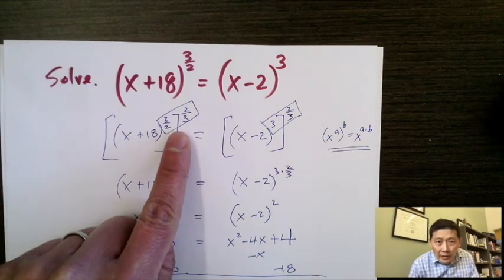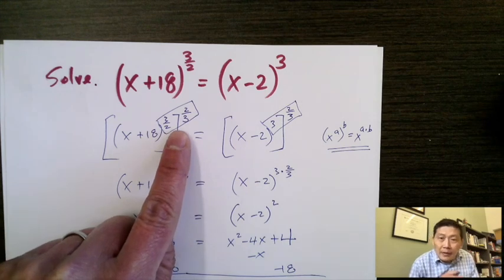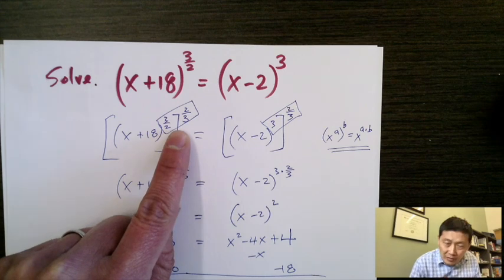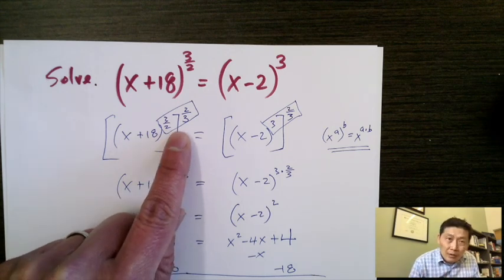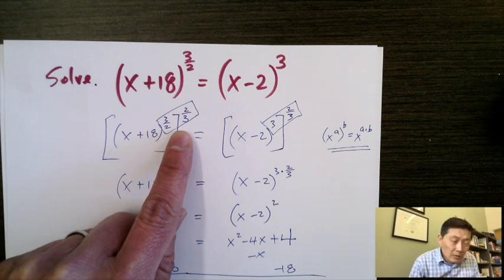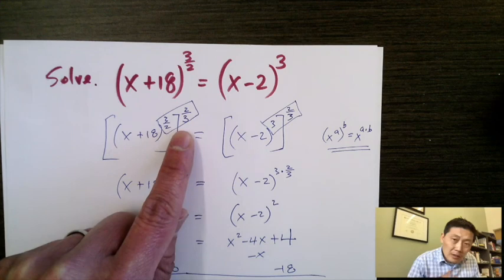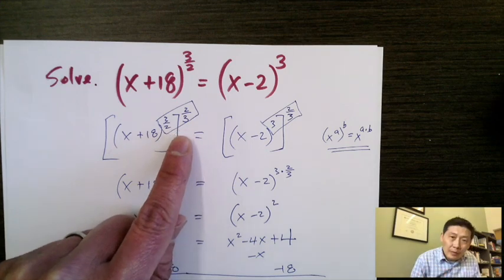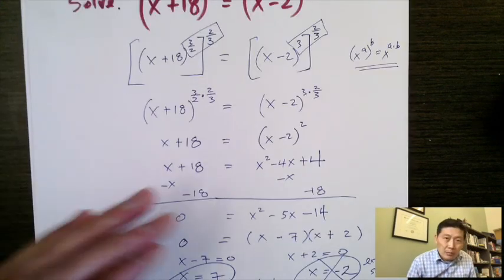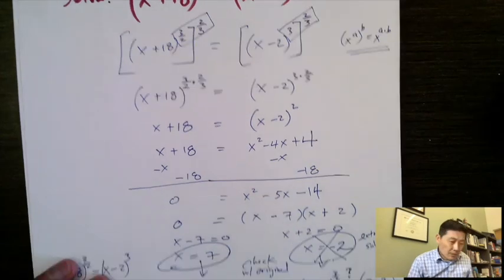Find a way to get rid of the fraction and see if you can get to a whole number. So in this case, we tried applying the 2 thirds power on both sides of the equation, and then you end up with this process.